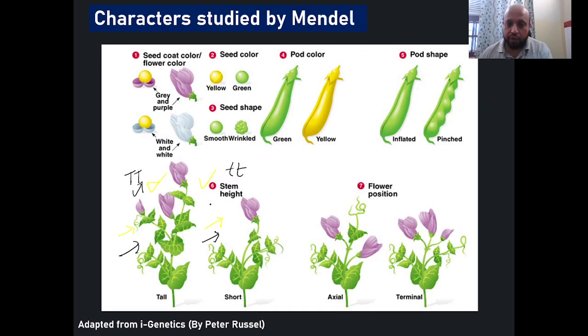The progeny of the cross of these two plants is a heterozygous individual, consisting of two different forms of the alleles, right? All these phenotypes are also called characters, and the two alternative forms, tall and short, are called the trait.